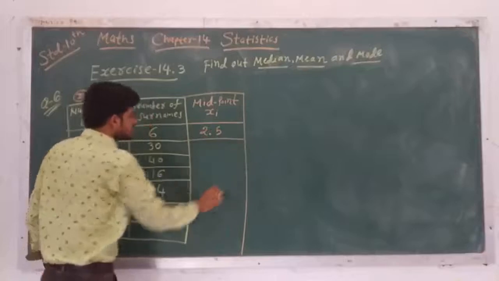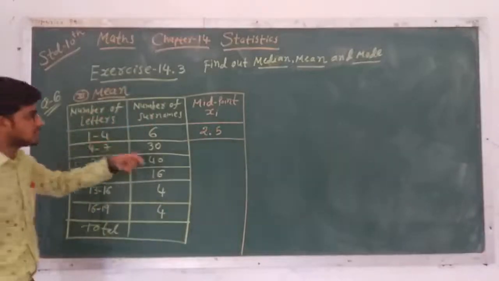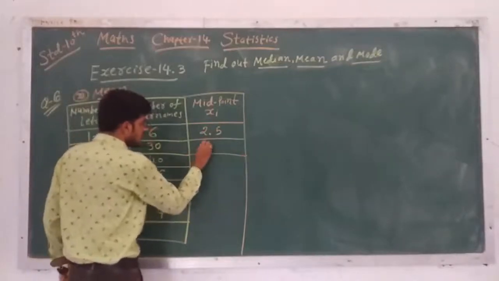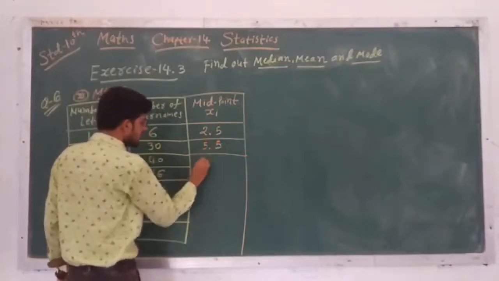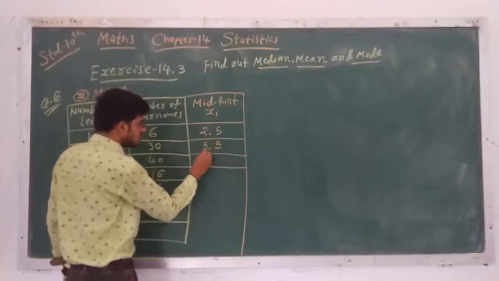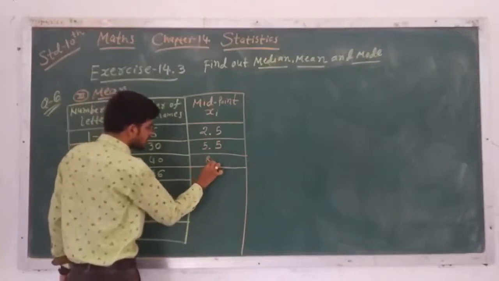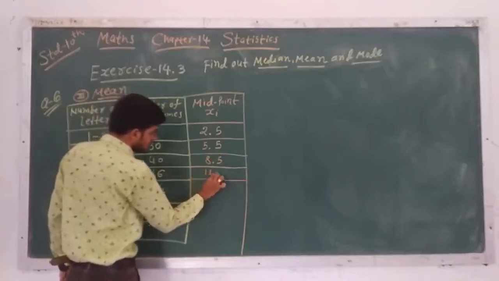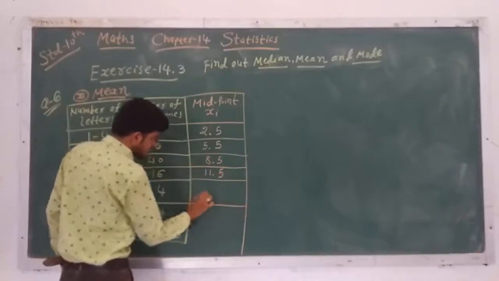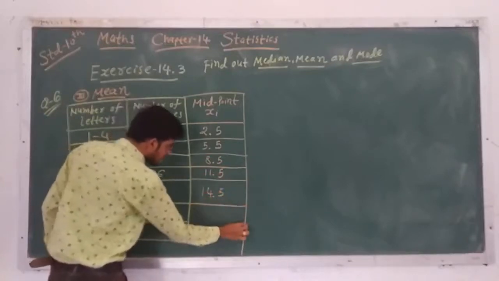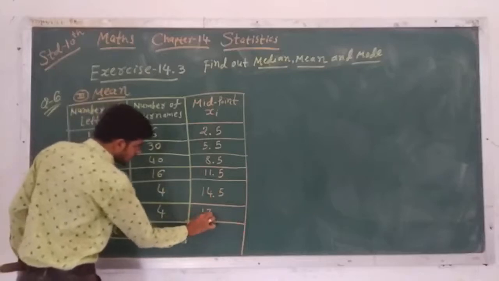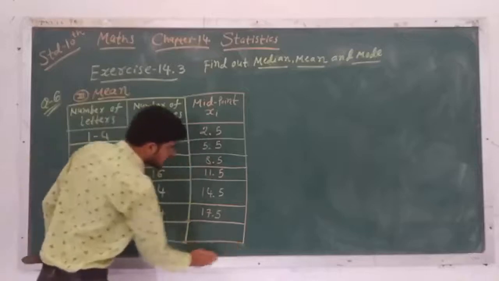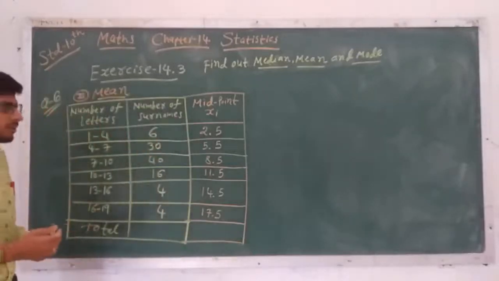Here the class range is 3, so we add 3: 2.5 plus 3 is 5.5, plus 3 is 8.5, plus 3 is 11.5, plus 3 is 14.5, plus 3 is 17.5. So it gives xi, the midpoint of the given class.